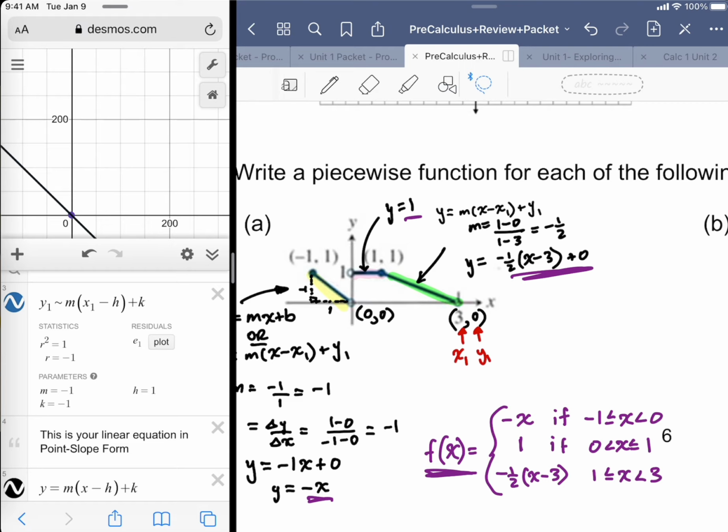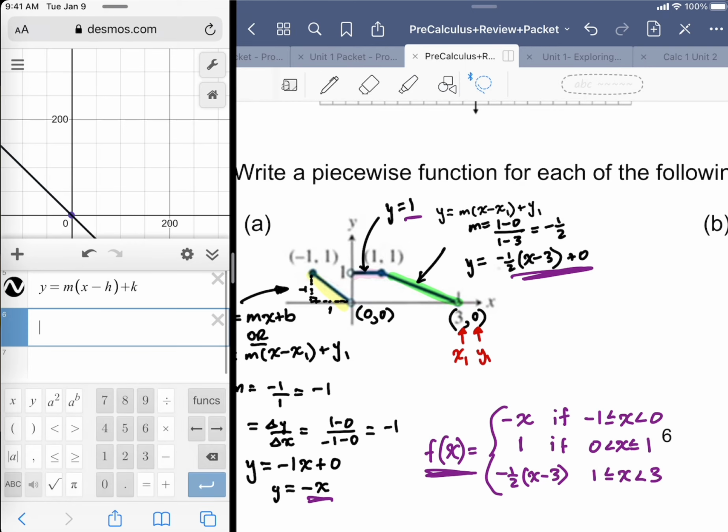That's kind of hideous to look at. But it's the same form as the point slope form, y equals m times x minus x1 plus y1, except I'm just using h's and k's instead of the x's and y's. So if you look under parameters, you see what the m, h, and k values ought to be to write your equation.